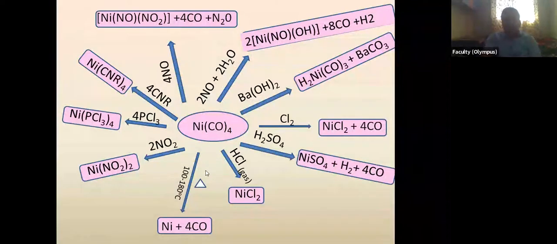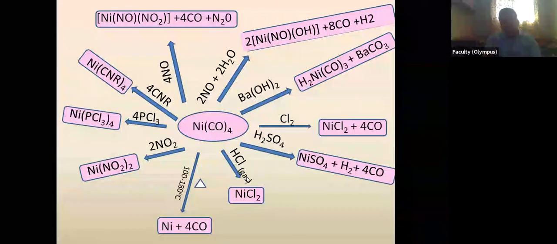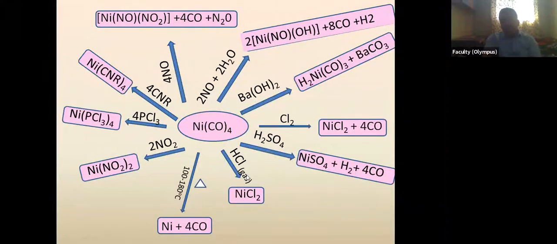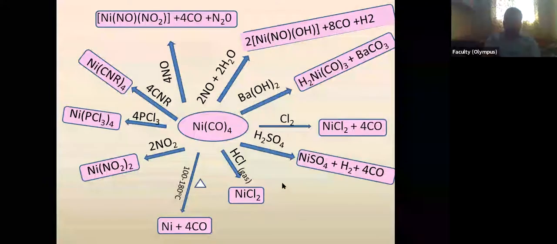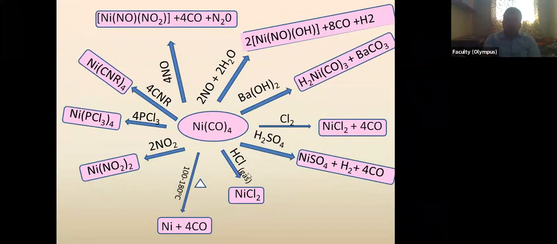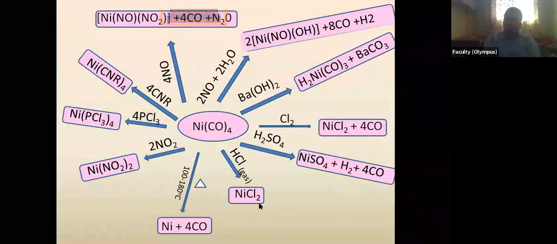Okay. Then what is the reaction of HCl, hydrochloric acid? Hydrochloric acid in gaseous state. When hydrogen chloride reacts with nickel tetracarbonyl in a gaseous state, all the four carbonyl groups get replaced by Cl and we get nickel chloride salt.